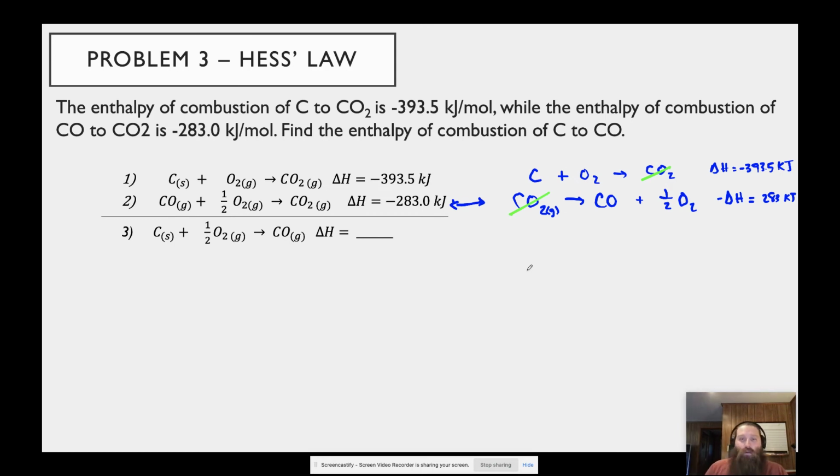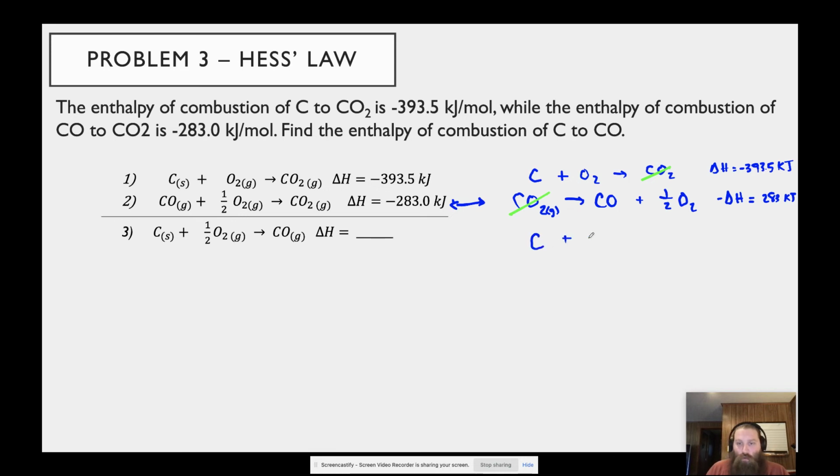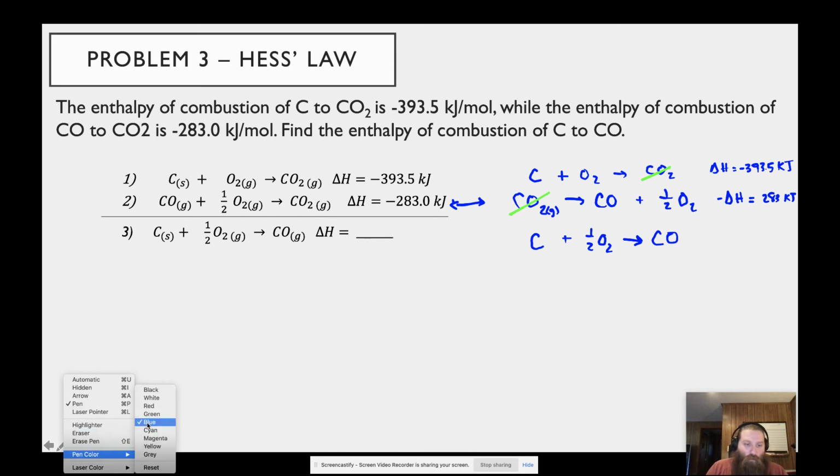And so that's great, right? That's canceling out two things that I don't need. Well, what about the other thing? Well, we have this third equation, C plus 1/2 O2 yields CO. Well, look at that. Now we can cancel out our 1/2 O2s because they're on both sides of the equation.